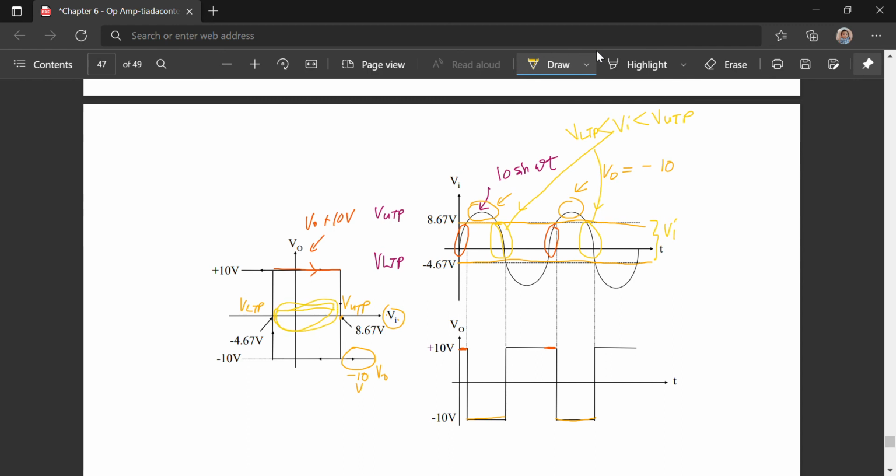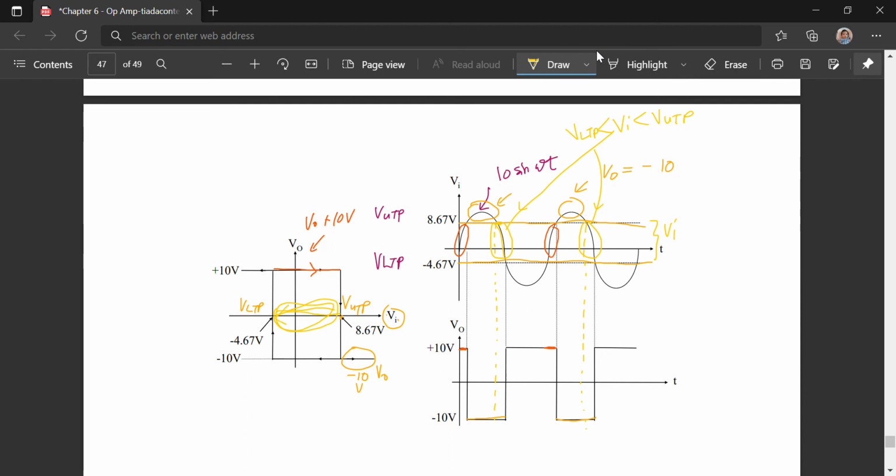So how much is your value? Here the signal is from the high value and then it reaches VUTP and then it goes down to VLTP.